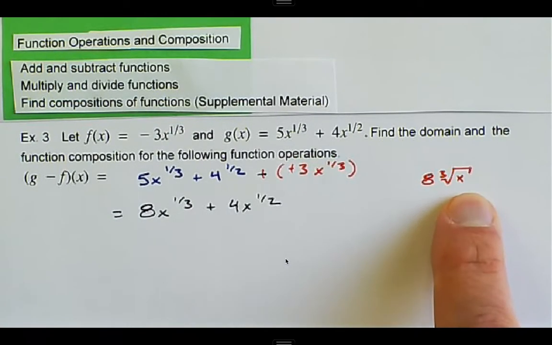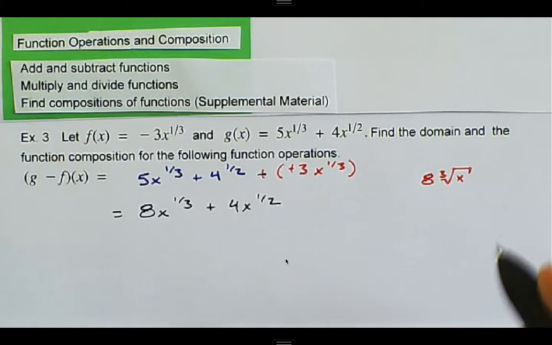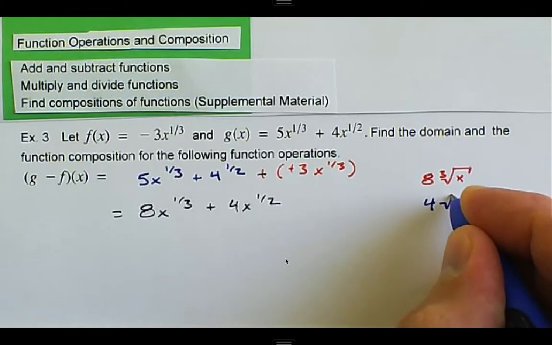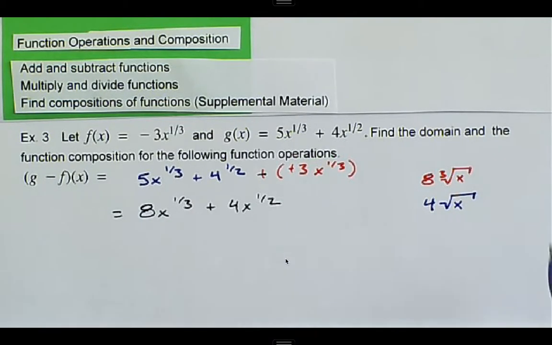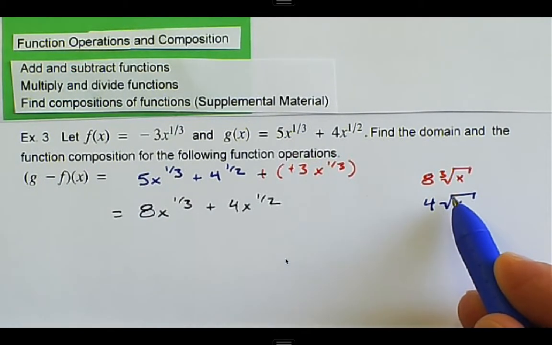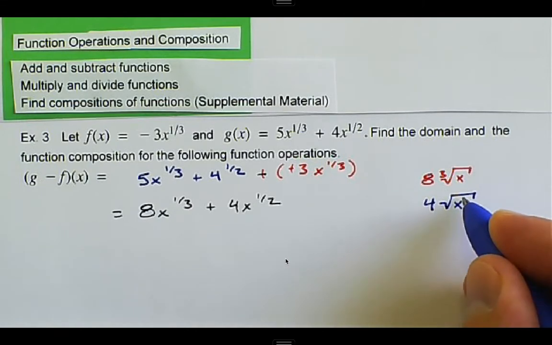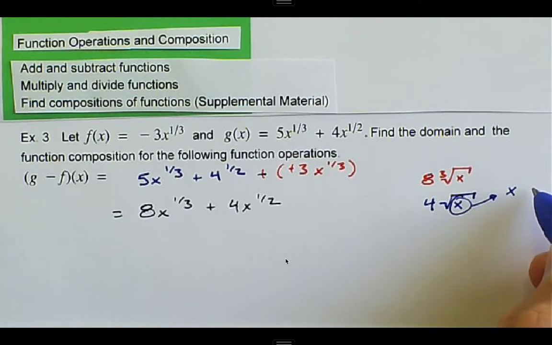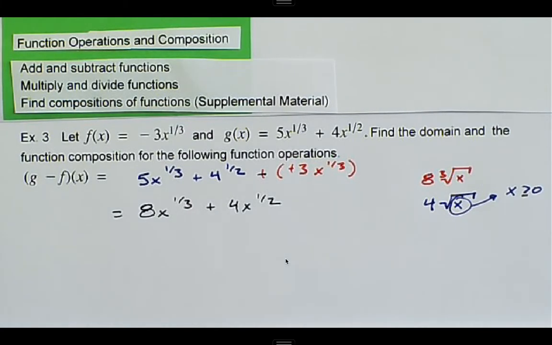X can be anything that we want it to be. And then we have another domain where, okay, this one does limit our domain because we have an even root here. So this tells us that x has to be greater than or equal to 0. So that's the thing that is going to limit our domain.